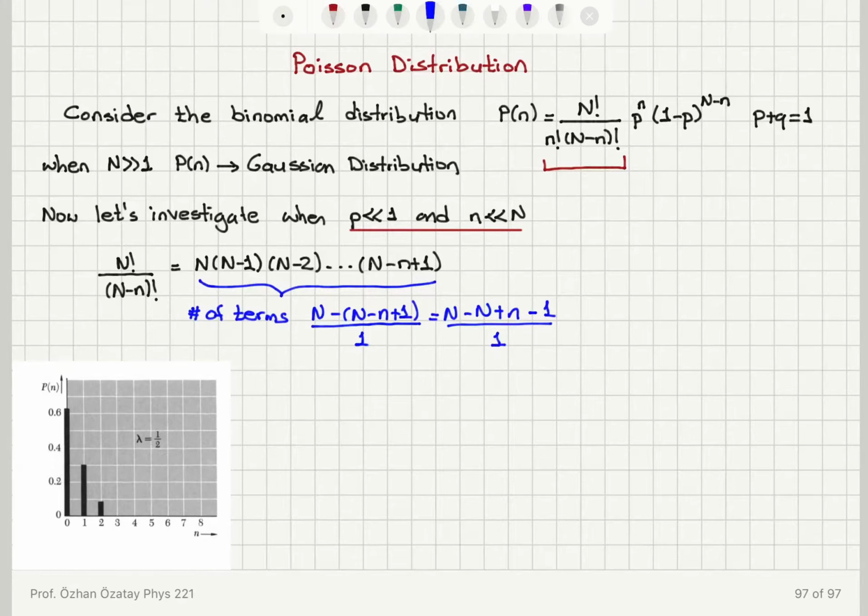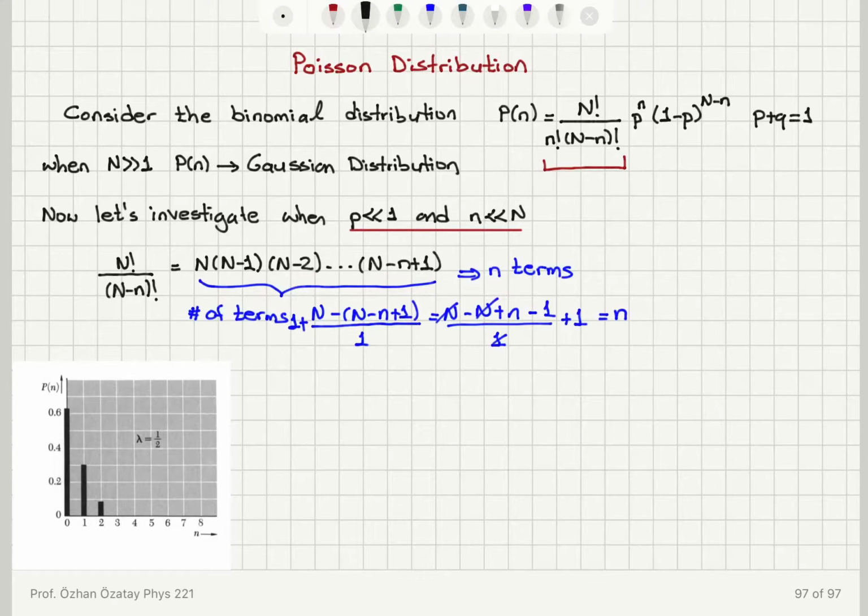So this is going to be capital N minus 1, so I have to add 1 to it to get the number of terms. Last term minus the first term divided by number of increments plus 1 gives me the number of terms. So this is basically equal to n. So I have here n terms in this product.